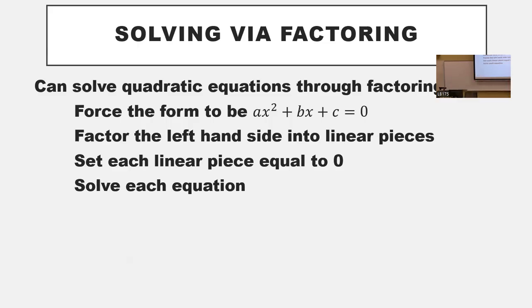If we're trying to solve a quadratic equation in one variable, that variable usually is x, then we're going to force our quadratic equation to have the form ax squared plus bx plus c is equal to 0. So I'm going to get 0 on one side and my quadratic expression on the other. Then we're going to factor that quadratic expression into 2 linear pieces.